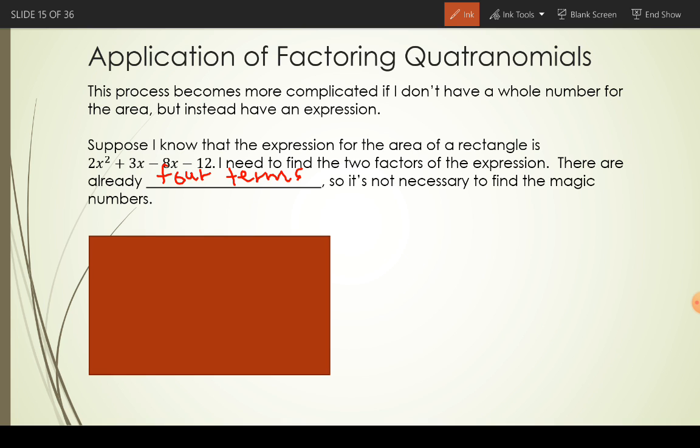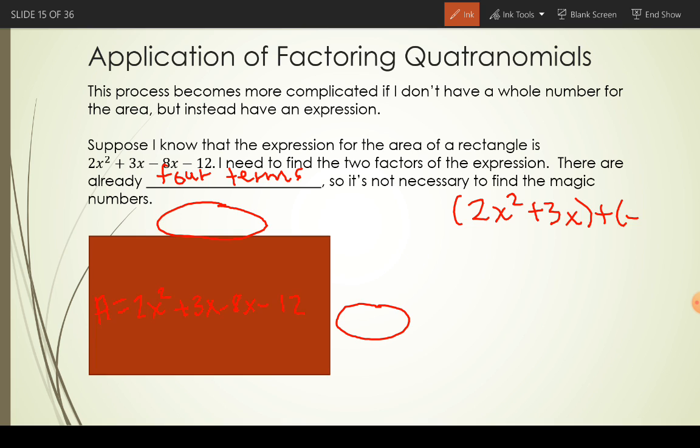So I know that the area here should be 2x squared plus 3x minus 8x minus 12, and I need to figure out my term here and my term here. To do that, I'm going to factor by grouping. So let's group the first 2 terms together, and then the last 2 terms together. Remember that the plus sign always goes in the middle.